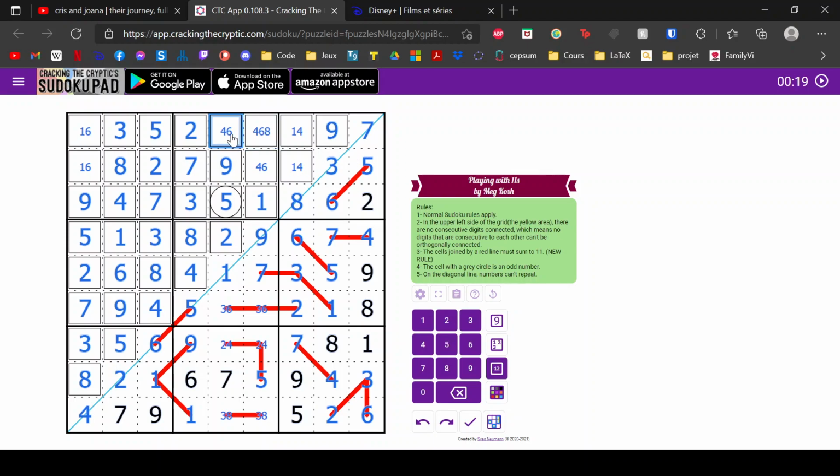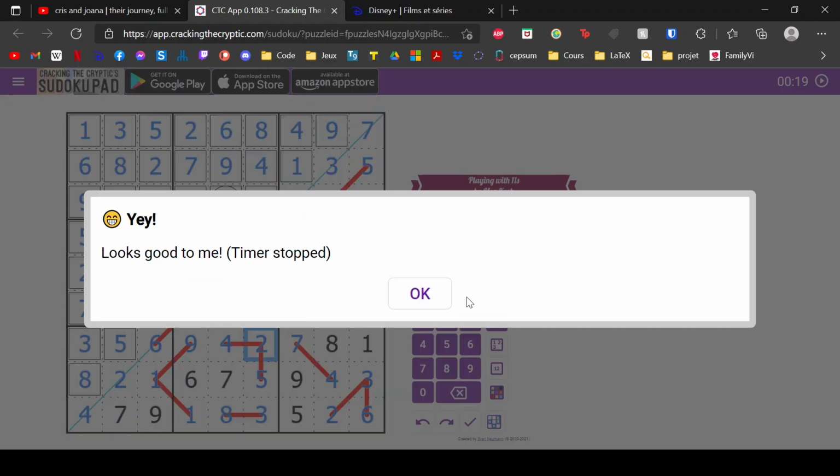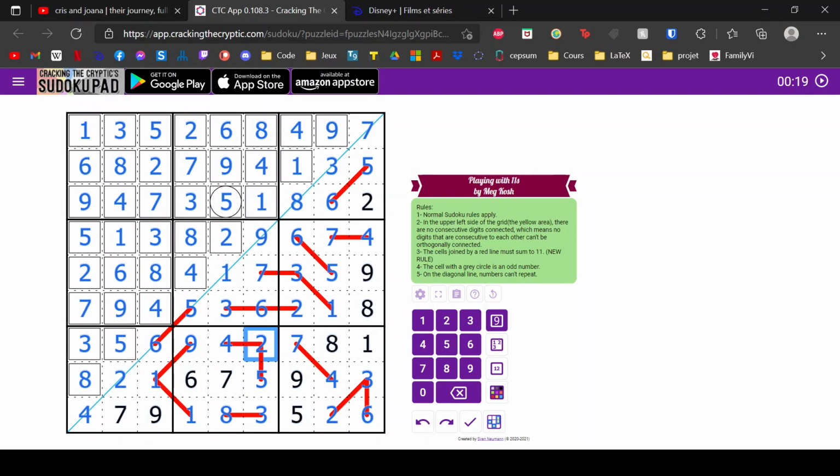That's not an 8, because it would be next to 9, so these are the 9s. The 3s, the 6s, the 1s, the 4s, 2, and that's good. Okay, that's it.